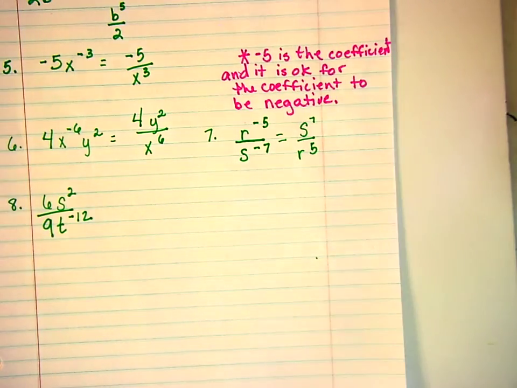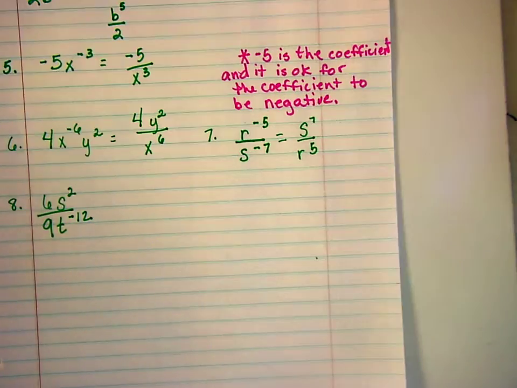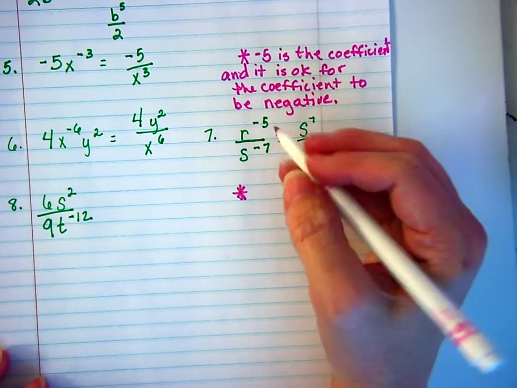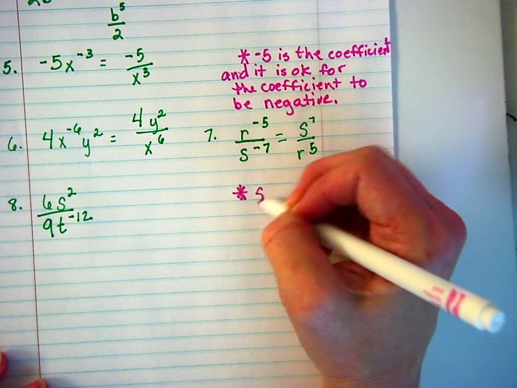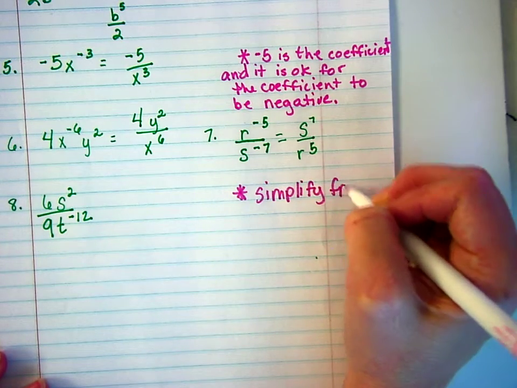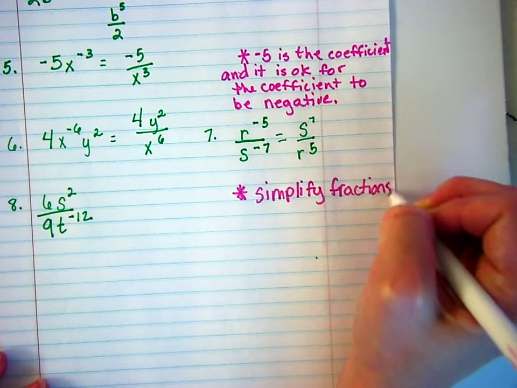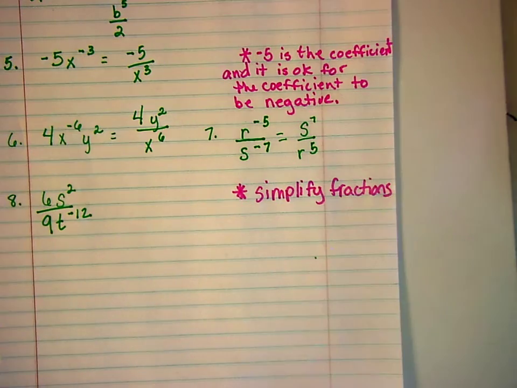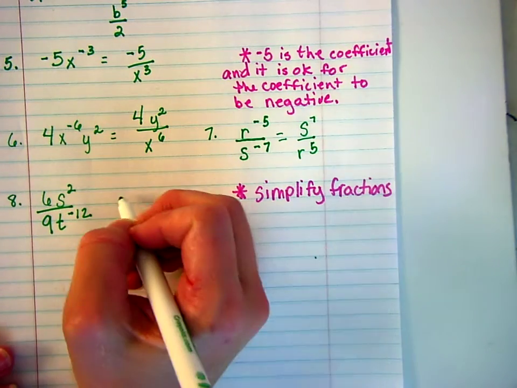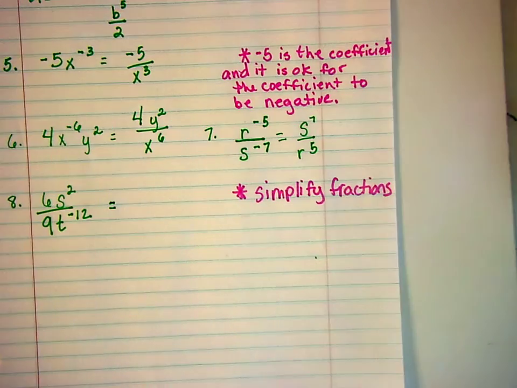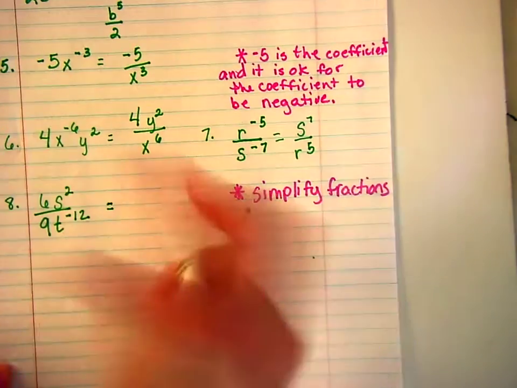Okay, here's your disclaimer. On this one, you have a fraction 6 over 9. You want to simplify. So 6 9ths is going to become 2/3. What else is affected by a negative exponent? T. So that's going to move up top.